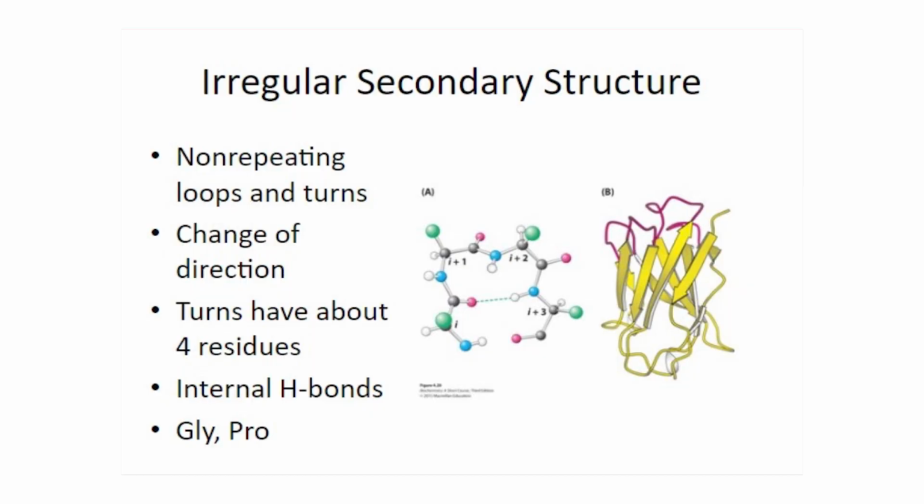We can also see irregular secondary structures, non-repeating loops and turns, and then we can see the change of directions. As we have seen, these turns have about 4 amino acid residues, and internally they are stabilized by hydrogen bonds, and in this turn we can see the amino acids glycine and proline.